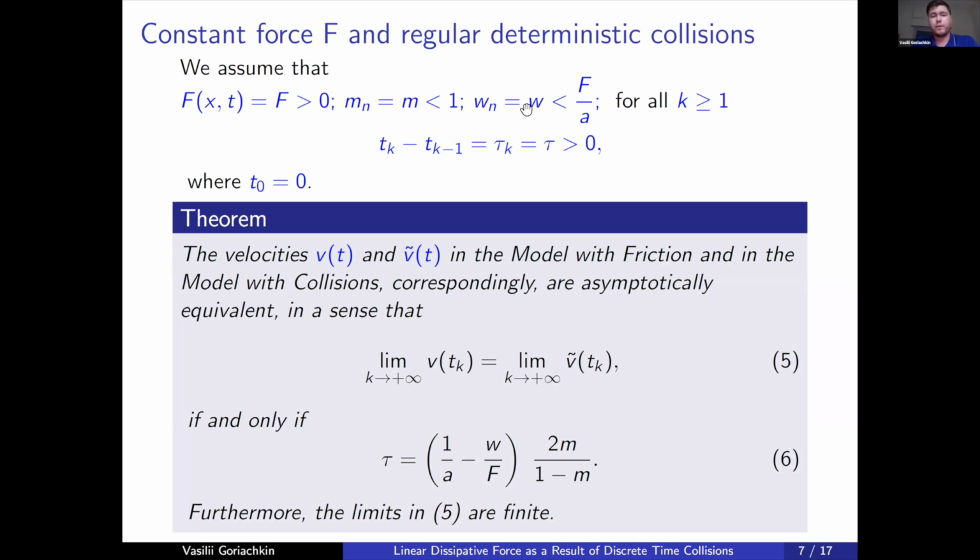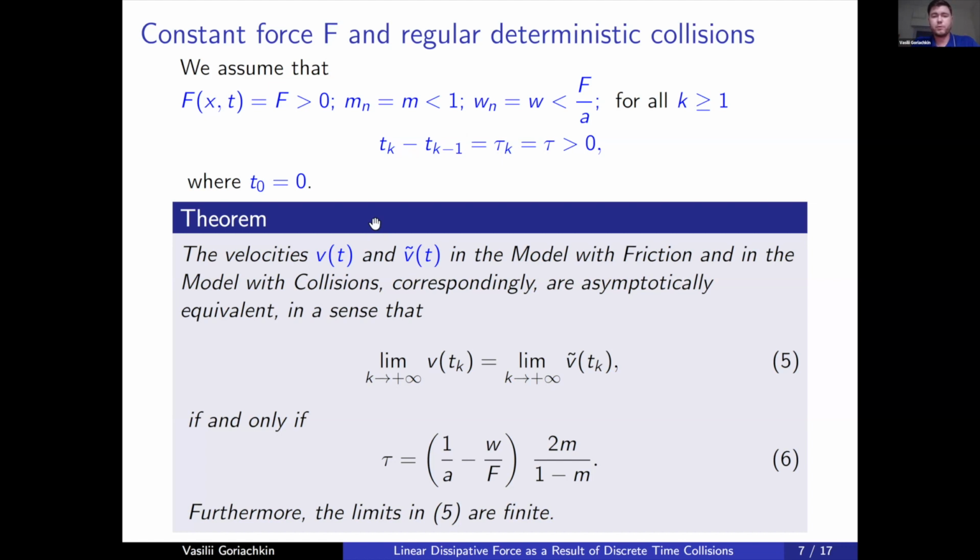Also, velocities of the particles are the same and less than f over a. Recall that a is the constant in the friction force. And also the time between collisions, tau k, is equal to the same constant tau, which is greater than 0.